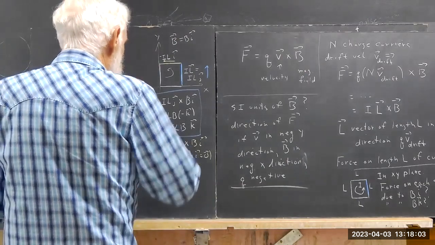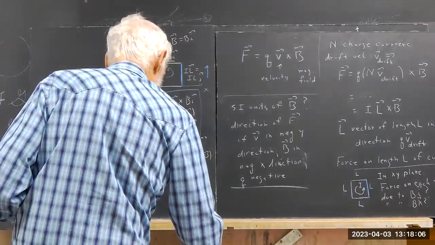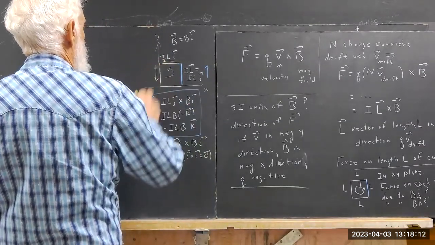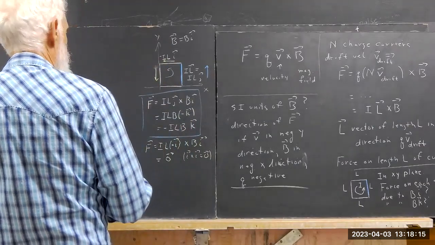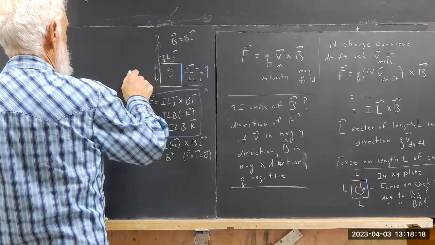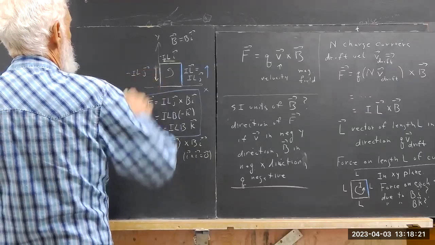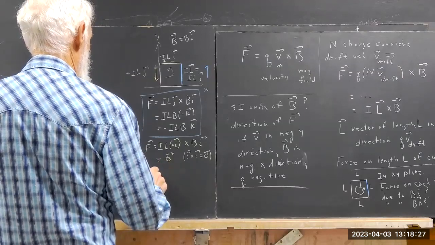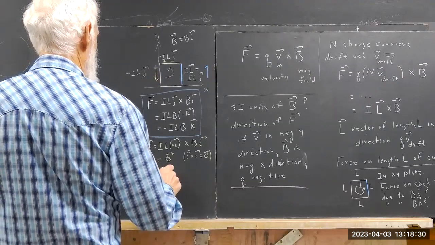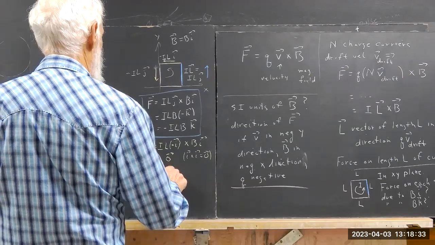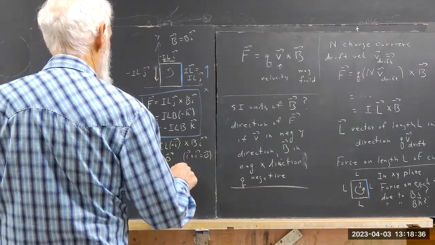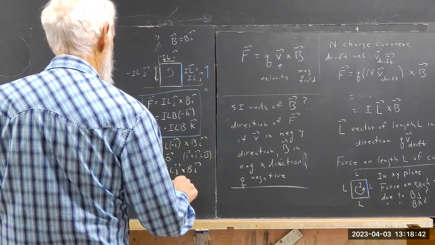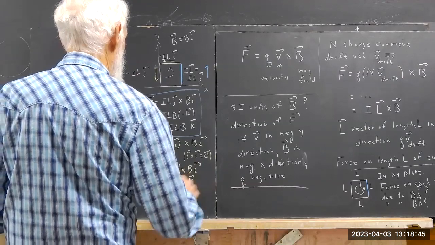Then on this side, we have negative ILJ. So that ILB.